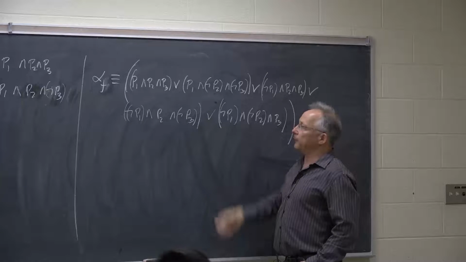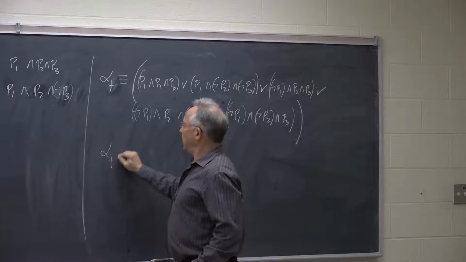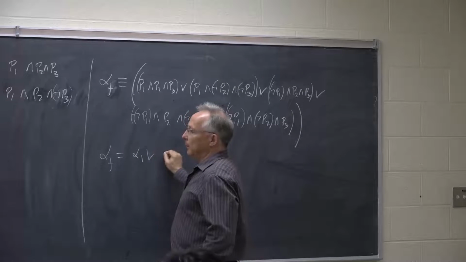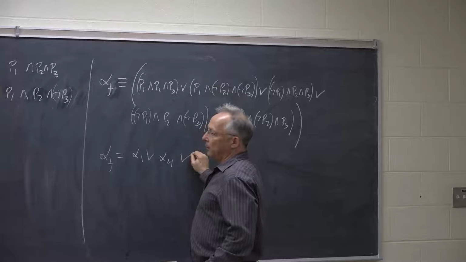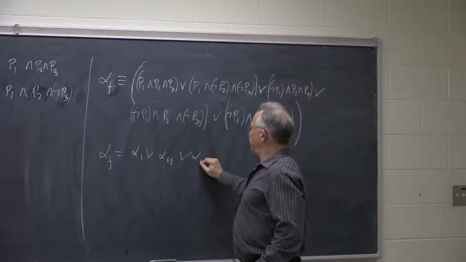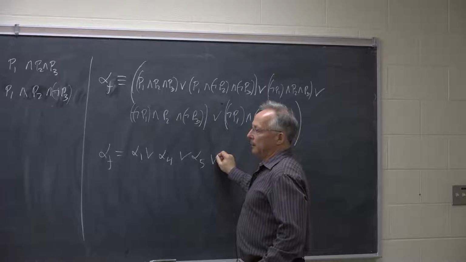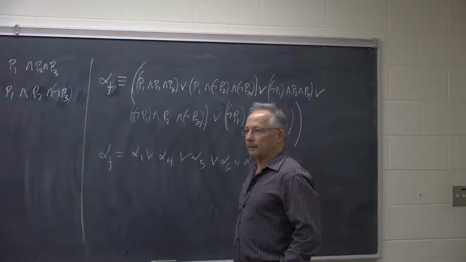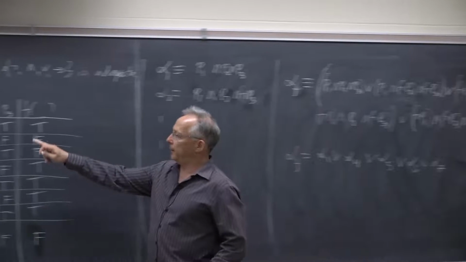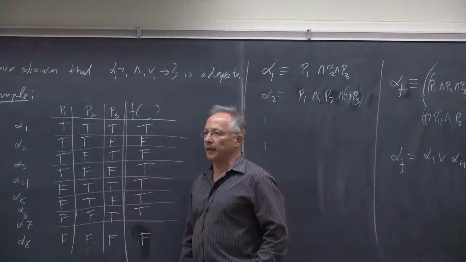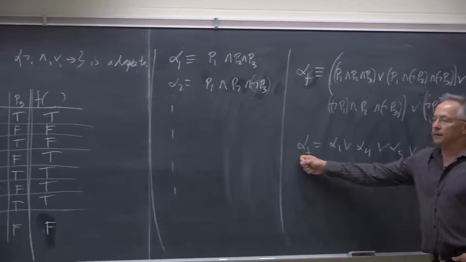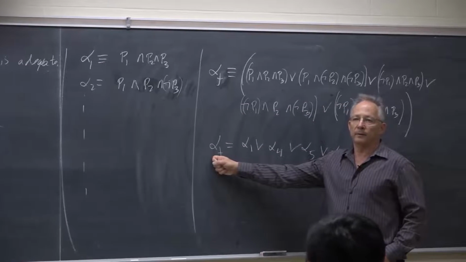So alpha f is in fact alpha 1 or alpha 4 or alpha 5 or alpha 6 or alpha 7, right? It is just the OR of the descriptors of the lines in which I got T. So when will this formula get T?